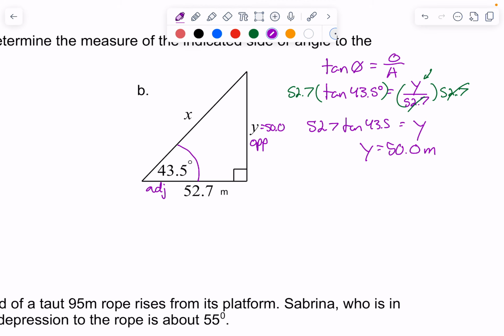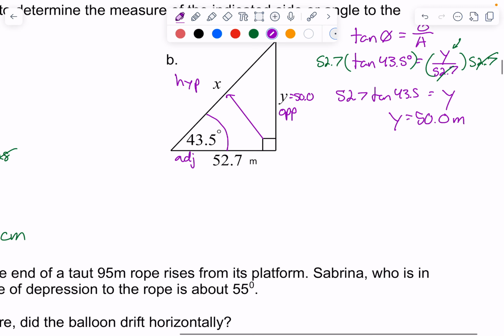All right, now let's find x. Relative to this 90 degrees here, this is the opposite, and this is your hypotenuse. So which one involves adjacent and hypotenuse? The reason I'm using adjacent is because I was given an angle here. Well, that's going to be my cosine.